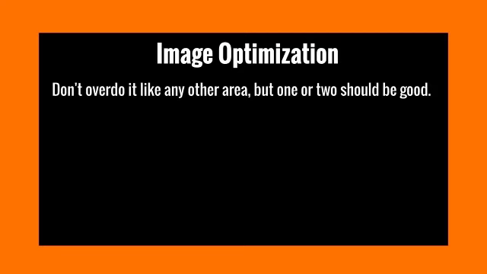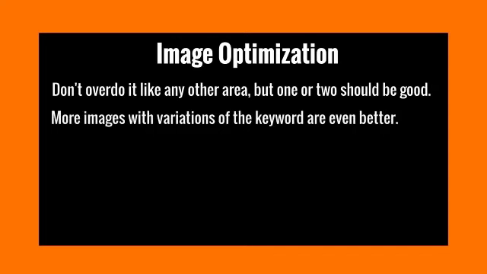So that is why making sure that your keywords and your images fit and are accurate is important, but you don't want to overdo it in any other area. One or 2 should be good, 3 or 4 should be fine, but you definitely don't want to overdo it. Like I said, more images with variations of the keyword are even better.